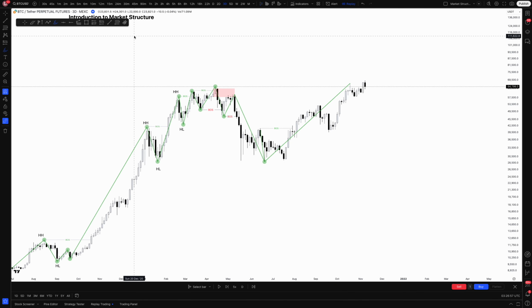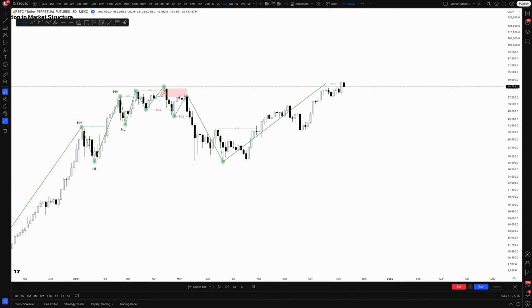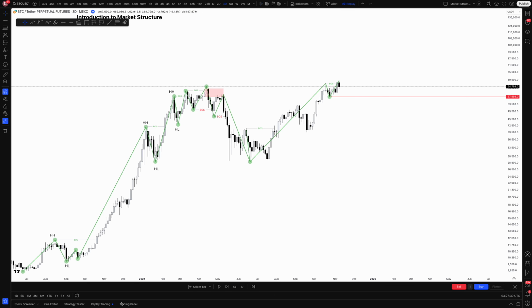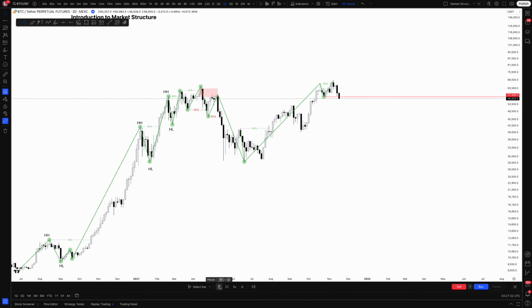Now, because you broke up again here, let's copy this. You can see we broke a very, very small amount right there, and our structure would continue like this. So now our next pivot point to break, if this breaks, you could be looking for shorts right here. See how this plays out.